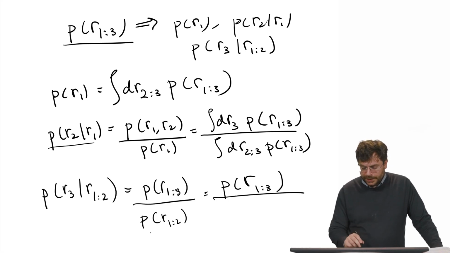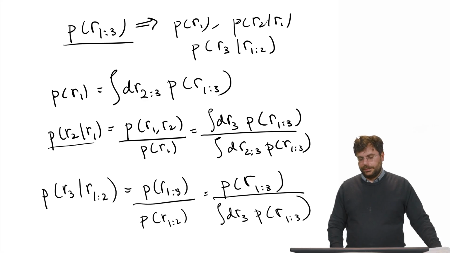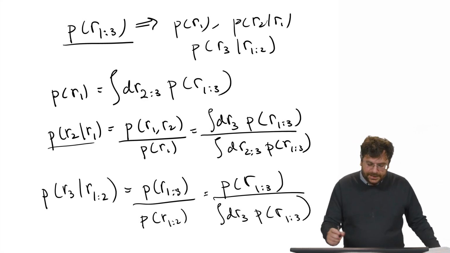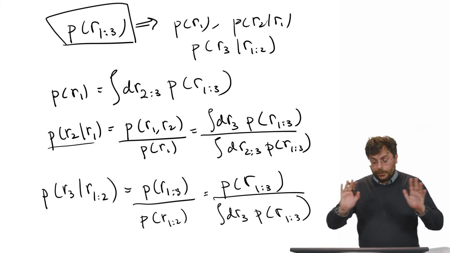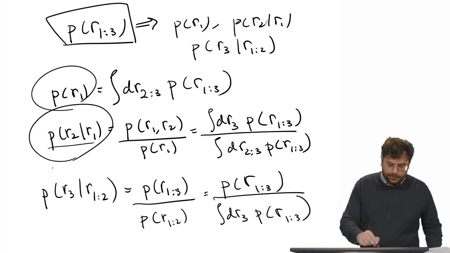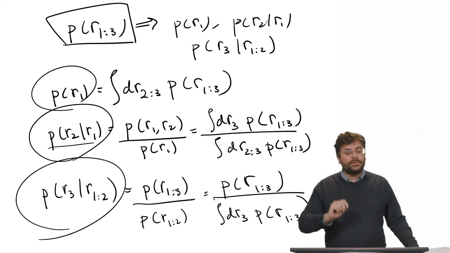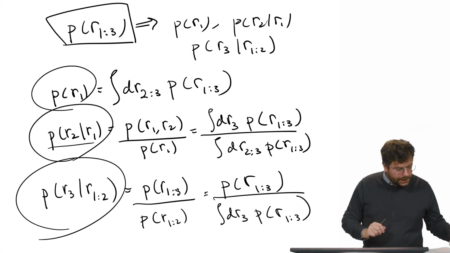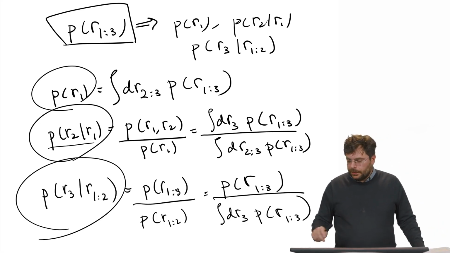I don't touch that. And P of R1 and 2 is simply the marginal over R3 of P of R1 to 3. And this is how I start off with my joint distribution over all 3 variables, compute my first marginal, my first conditional, and my second conditional in order to be able to perform ancestral sampling.